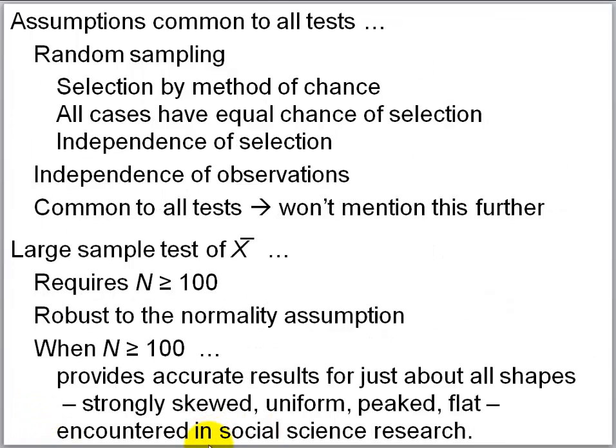Now, some assumptions are common to all statistical significance tests. So, for instance, we talked about random sampling being a requirement, and that random sampling included such things as selection by a method of chance, all cases having an equal chance of selection, and independence of selection.